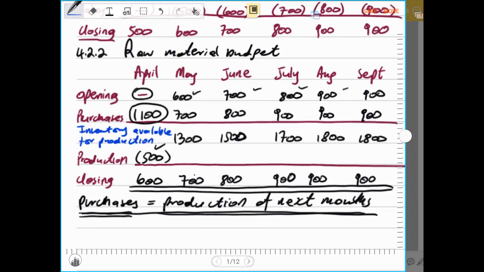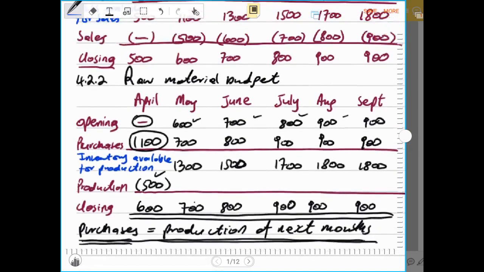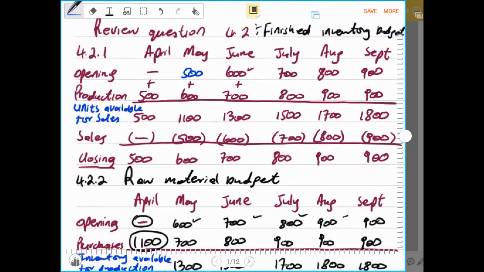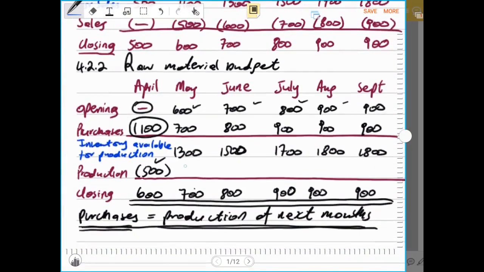This is what was available for production for the month of May, June, July, August, September. Then the question is, how much was produced? Let us record production. Remember, production is already recorded in the finished goods budget. Here is the production for each month, and there's nothing to worry about. We just record the amounts as they are. So now we record 600, negative, 700, negative, 800, negative, 900, negative, and 900, negative.